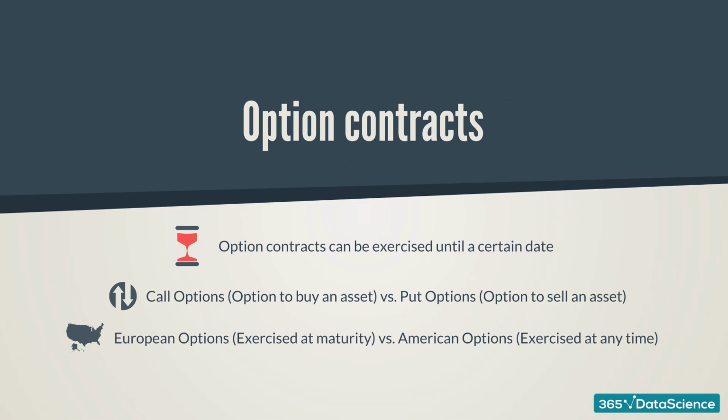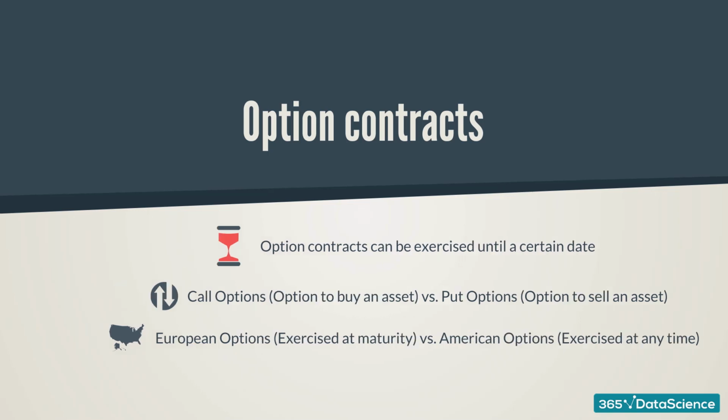Option contracts can be exercised until a certain date, called maturity date. Options that involve buying an asset are called call options, while options based on the sale of an asset are put options. In addition, we can distinguish between European and American options. European options can be exercised only at maturity, while American options may be exercised at any time.